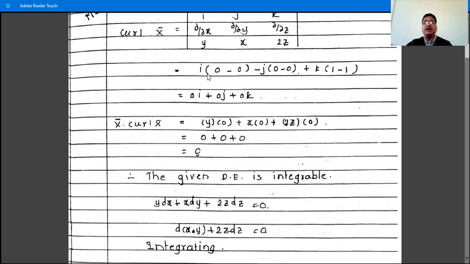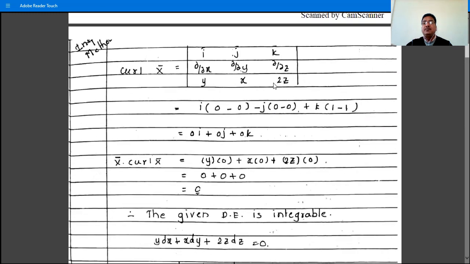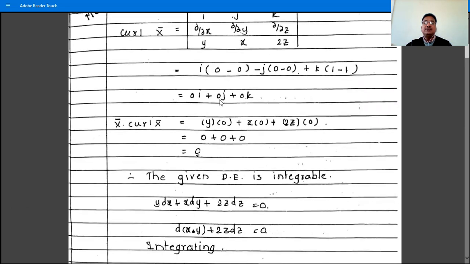Then solve this determinant. i times del/del y of 2z is 0, minus del/del z of x is 0. Then minus j times del/del x of 2z is 0, minus del/del z of y is 0, plus k times del/del x of x is 1, and del/del y of y is 1, so minus 1. We have 0i plus 0j plus 0k.